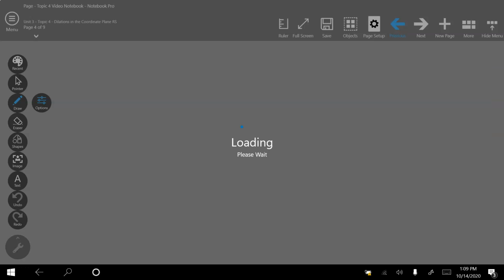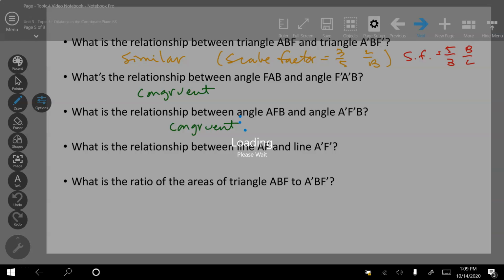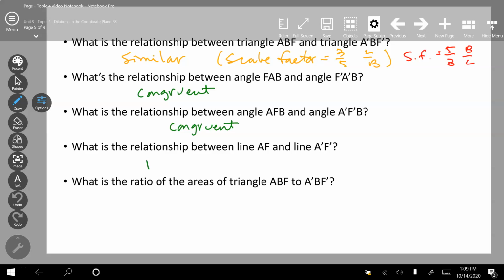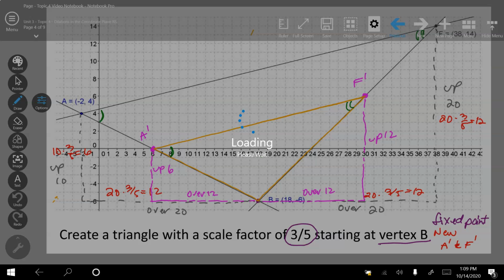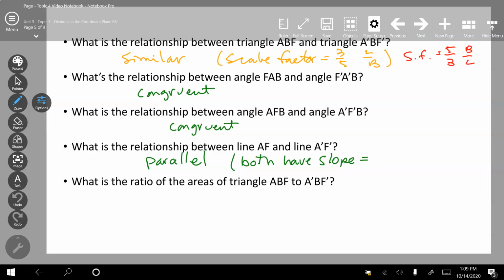And then it's asking about this line AF and A prime F prime. And hopefully you can say that these are parallel. Both have a slope equal to, well, let's count. If I go from this dot to this dot, or this dot to this dot, I see a slope of 1/4.